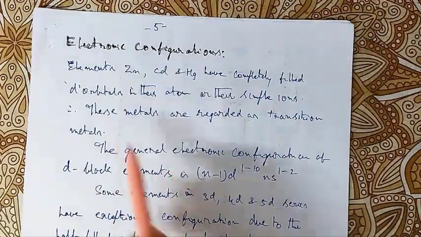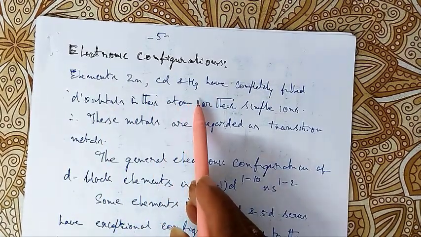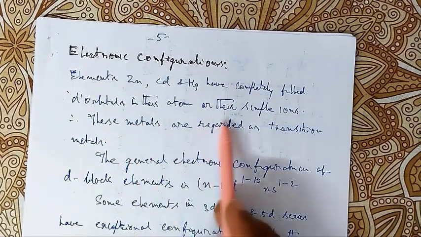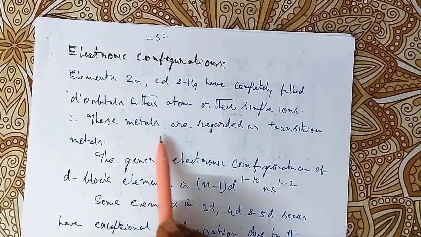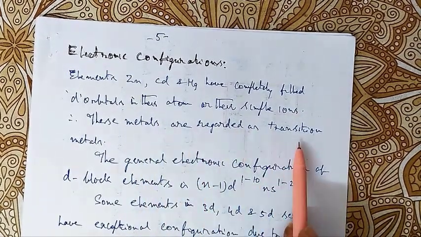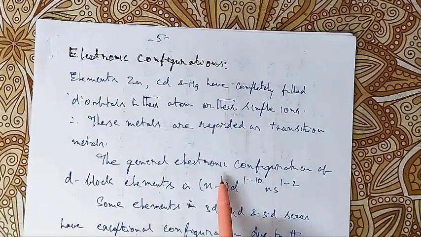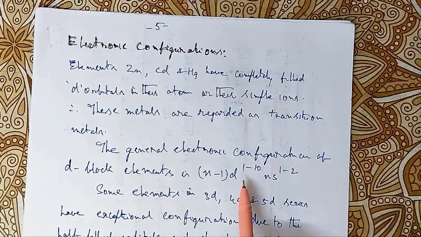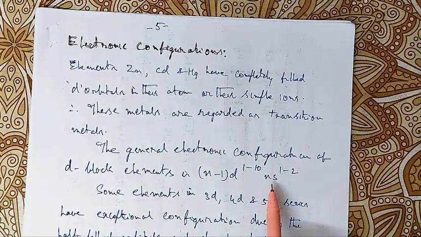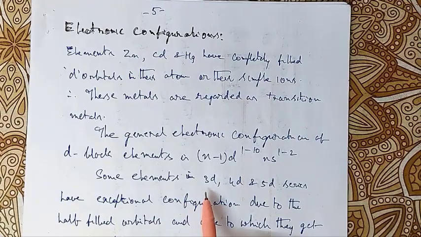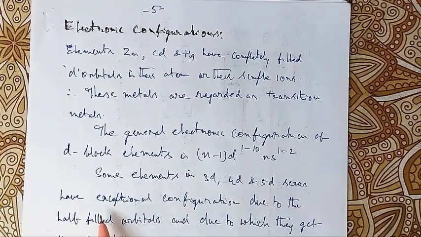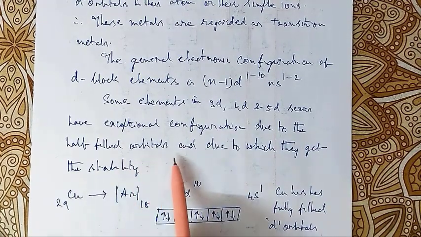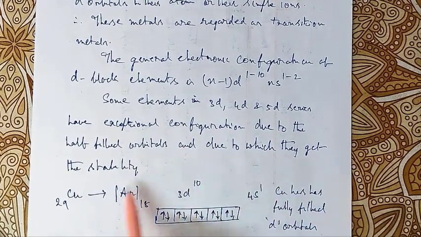Electronic configurations. Elements zinc, cadmium, mercury have completely filled d orbitals in their atoms or their simple ions. These metals are not regarded as transition metals. The general configuration of d block elements is (n-1)d1 to 10 ns1 to 2. Some of the elements in 3d, 4d, 5d series have exceptional configurations due to half-filled orbitals, due to which they get stability.